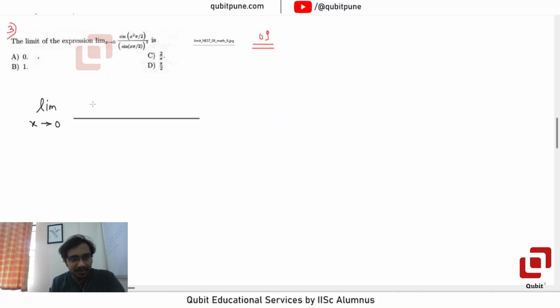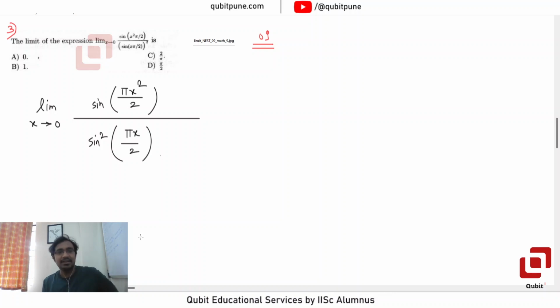The numerator is sine of pi x squared by 2. So pi by 2 is there, and then we are squaring x only. And in the denominator it is sine squared actually of pi x by 2. Okay, sine squared pi x by 2. That is what we have now.